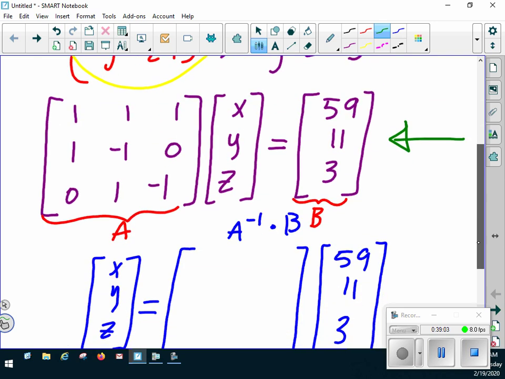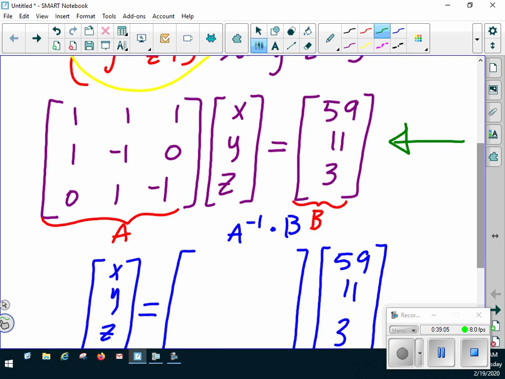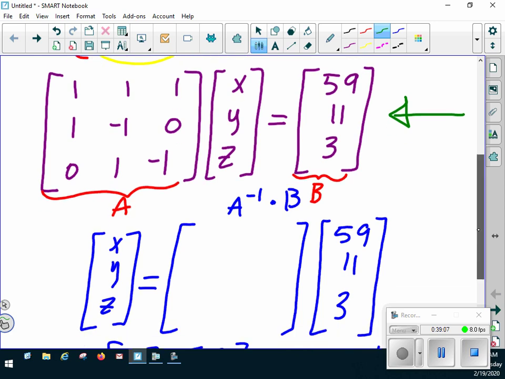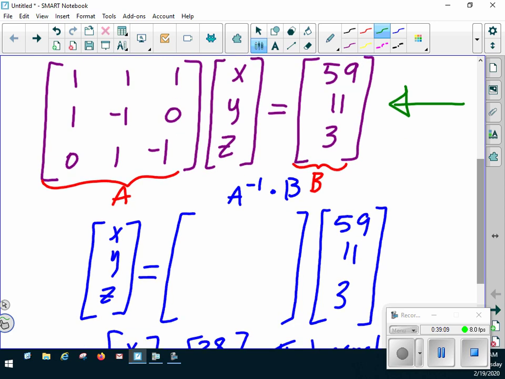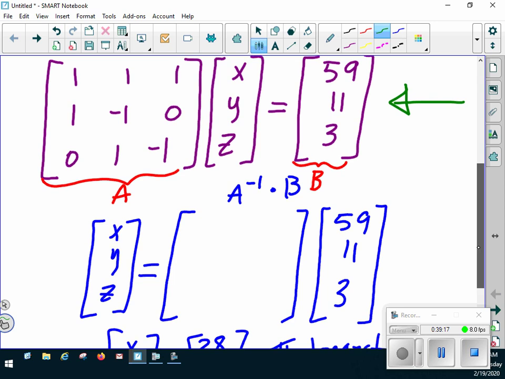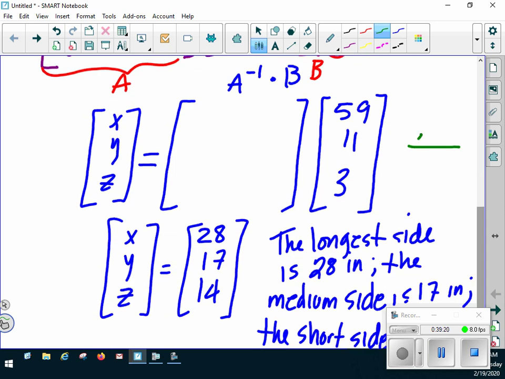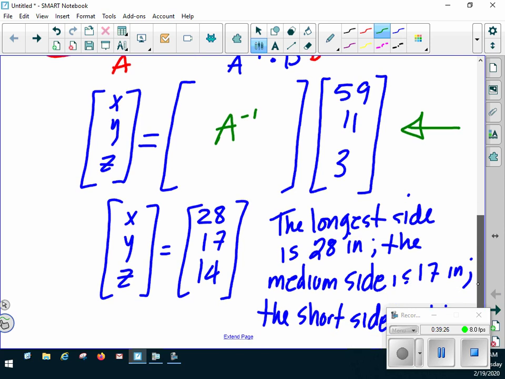You're going to write down your matrix stuff. You're going to call the first matrix A. You're going to call this matrix B. This is your A inverse. And then you're going to write down the answer and your sentence.